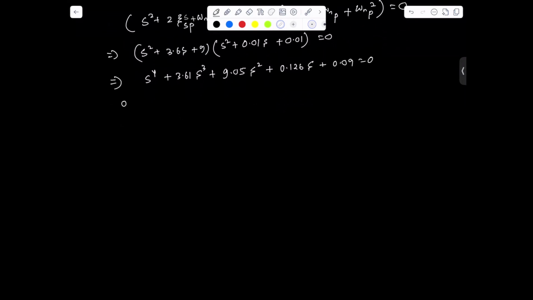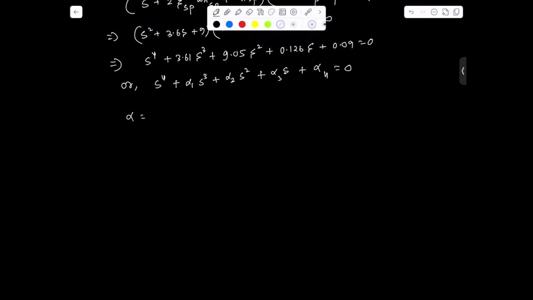Or we can denote the coefficients as alphas: s to the 4 plus alpha 1 s cube plus alpha 2 s squared plus alpha 3 s plus alpha 4 equal to 0.